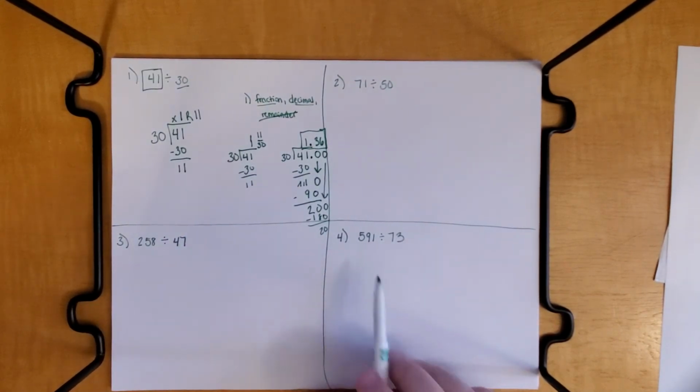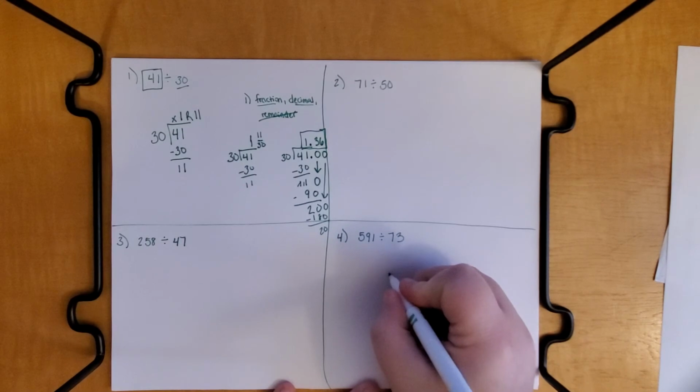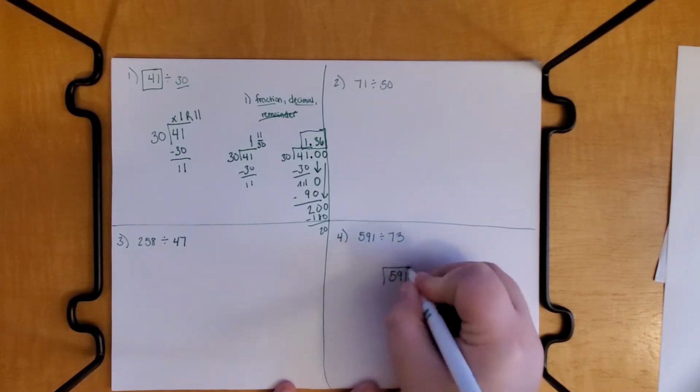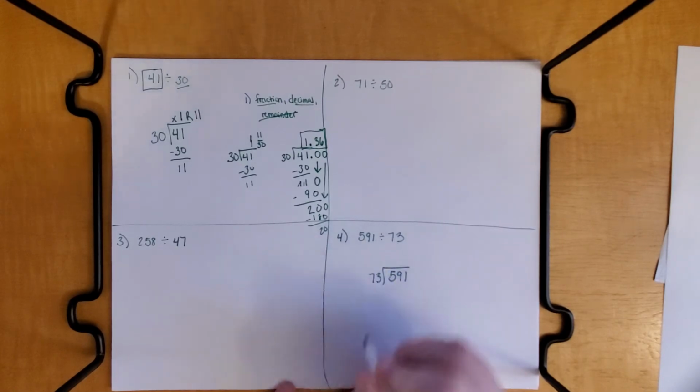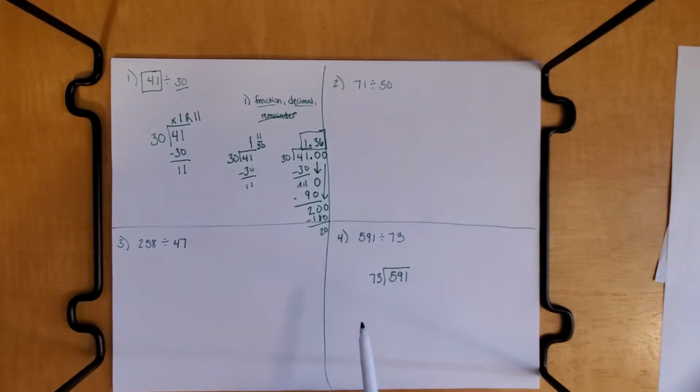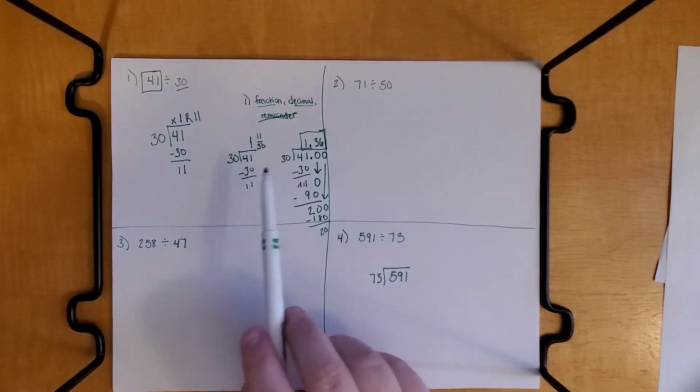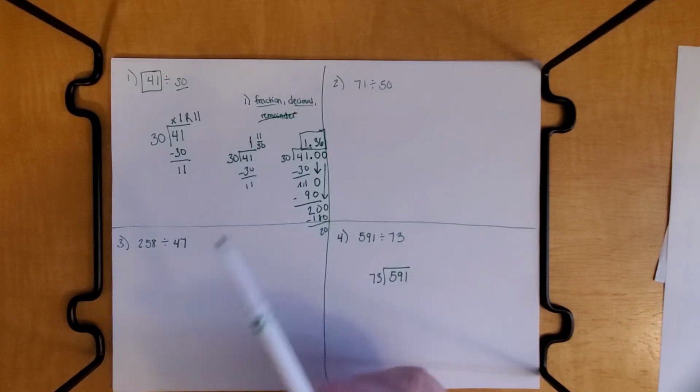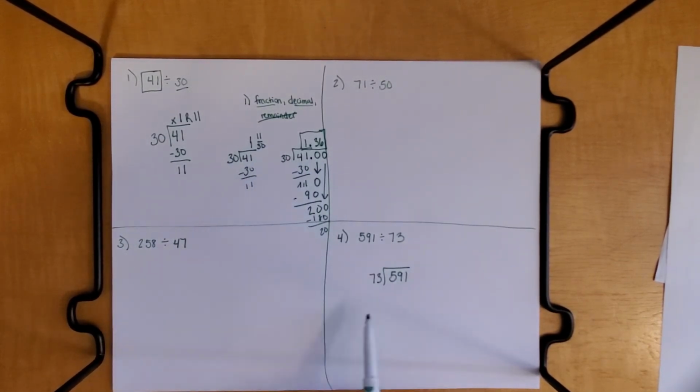When you get into some of these bigger problems, like I'll jump to this one really fast, 591 divided by 73. Remember, this is where that rounding skill from yesterday would come into play really well for you guys, because in this one, 30 was a nice number. I can count by 30s pretty quickly. As long as you can count by 3s, it'd be pretty simple to find your way through.